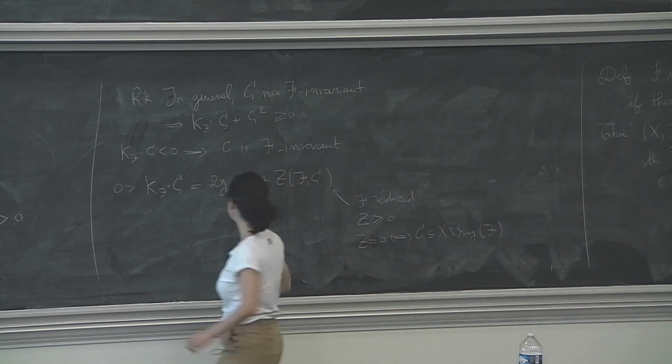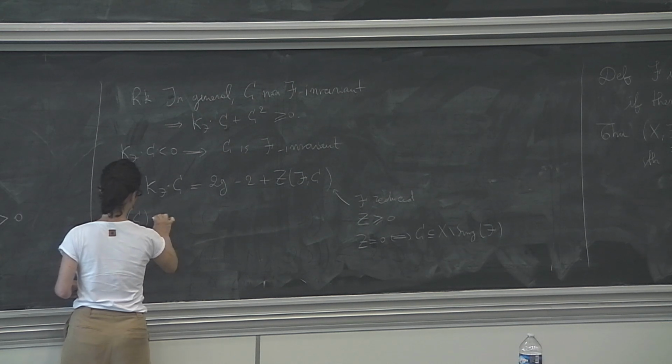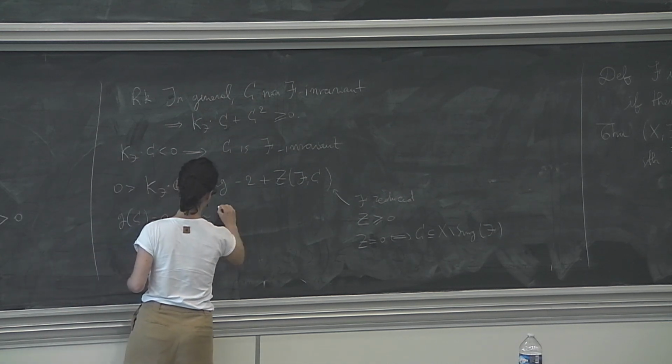So we see straight away that G is 0. So C is a rational curve.